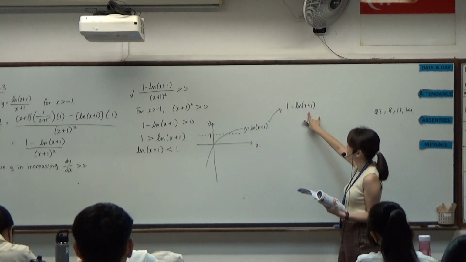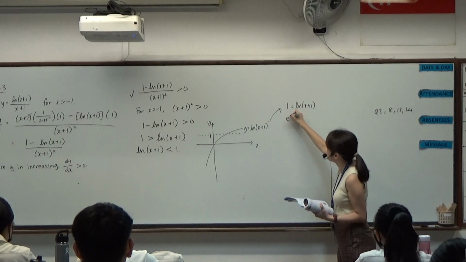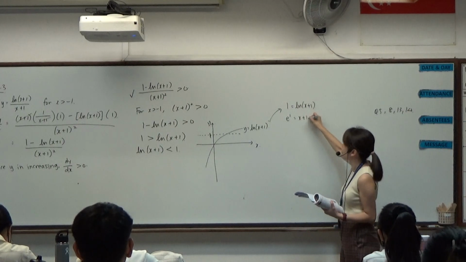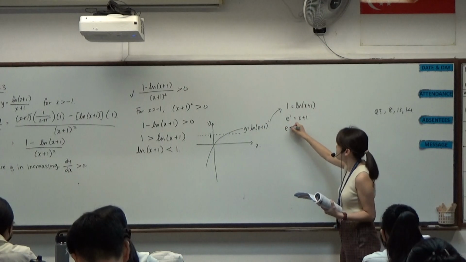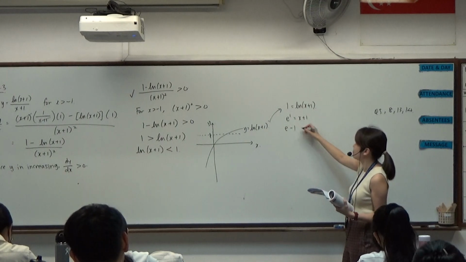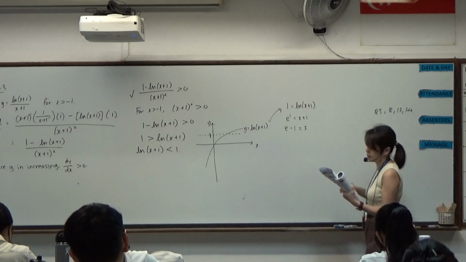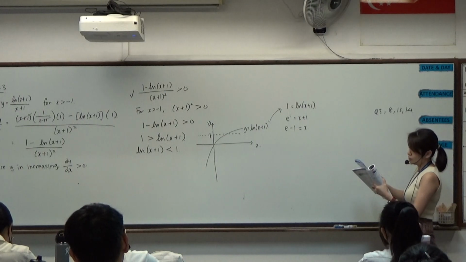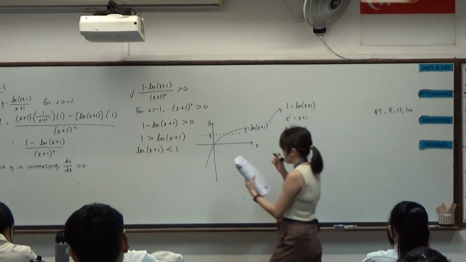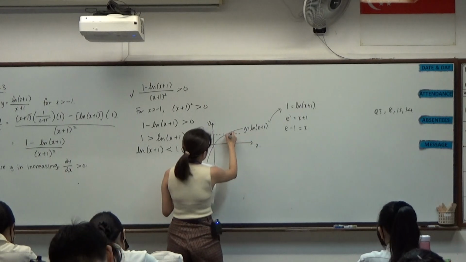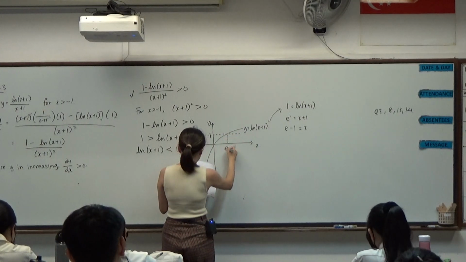Then we solve this logarithmic equation. That means e to the power 1 equals x+1, and hence e minus 1 is equal to x. So over here, we are looking at e minus 1.